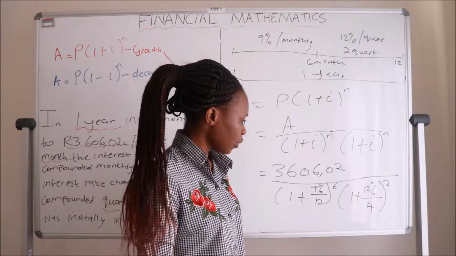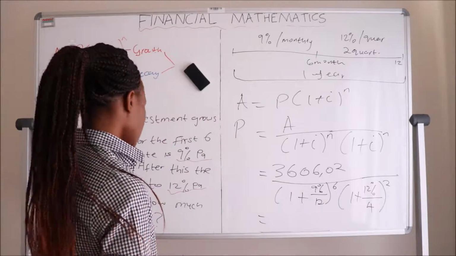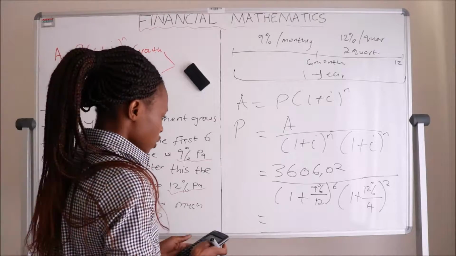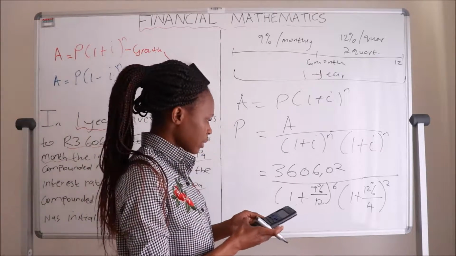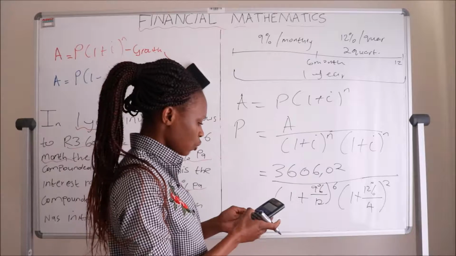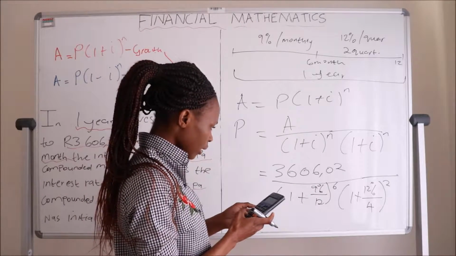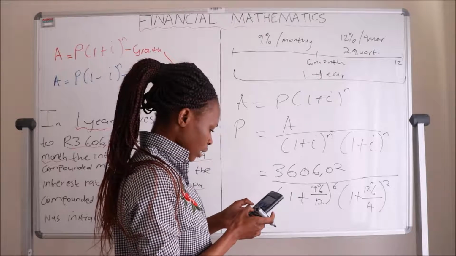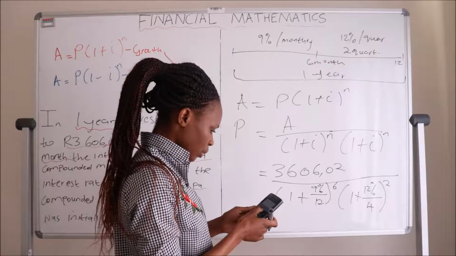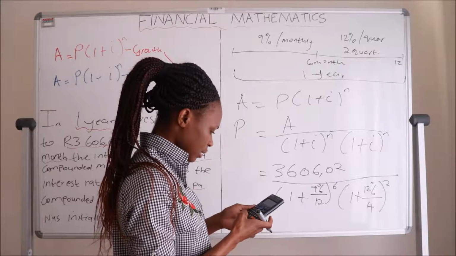From here, we just use a calculator, which is 3,606.02 divided by 1 plus 9% divided by 12 to an exponent of 6.